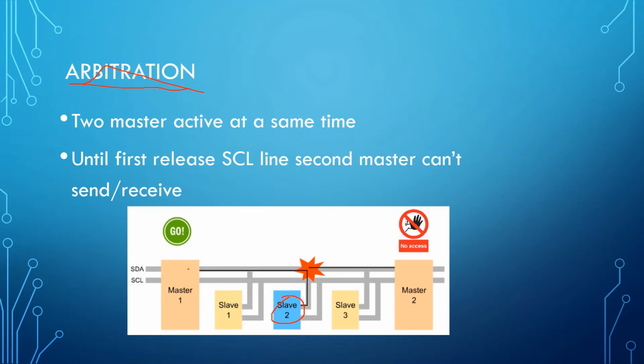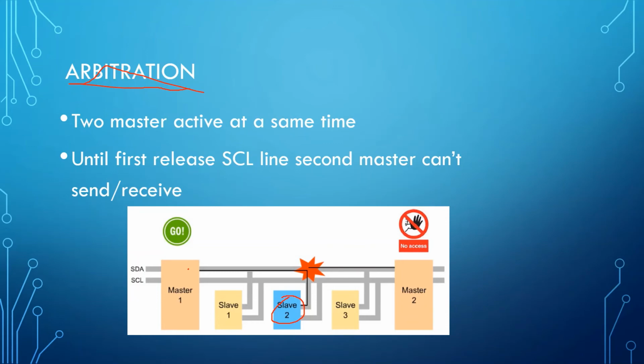Suppose master 1 first gets access to slave 2, and then master 2 also wants the data from slave 2. Then it can't give access to master 2, because until master 1 finishes its data transfer, master 2 is not allowed to share data with slave 2.